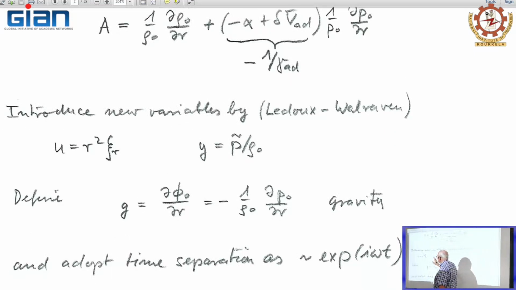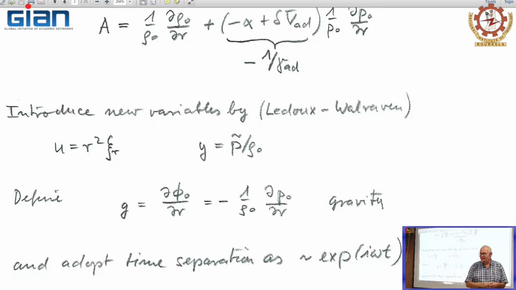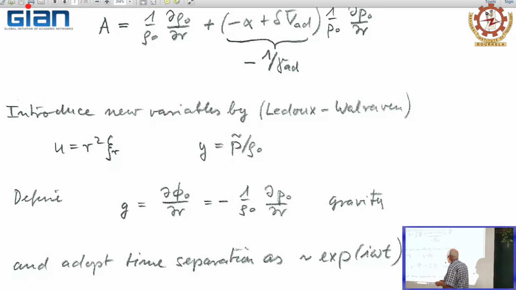So we introduce a new variable u by multiplying the Lagrangian displacement with r squared, and we introduce a new variable y by dividing the Eulerian pressure perturbation by the hydrostatic density stratification.